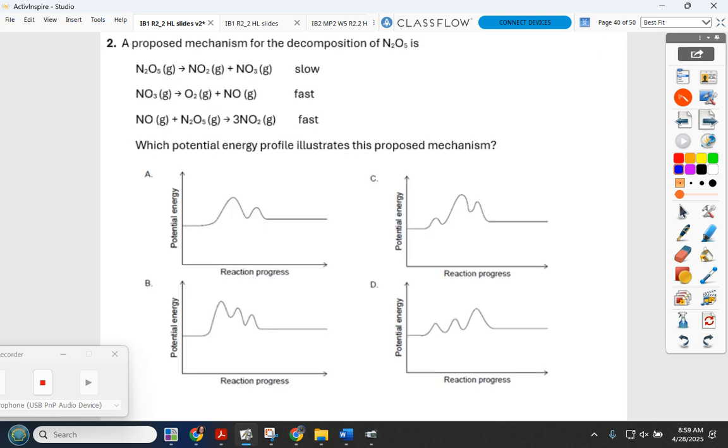How about question 2? Again, give me A, B, C, or D, 1, 2, 3, or 4 fingers up. All right, good, looking good. How do we know that it's B?